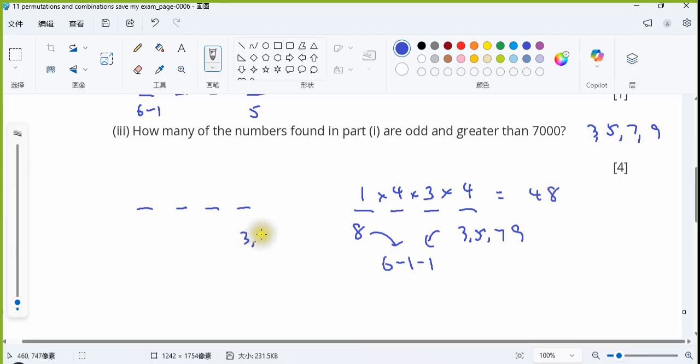And then we have 3, 5, 7, 9. So we use either 7 or 9 to start.